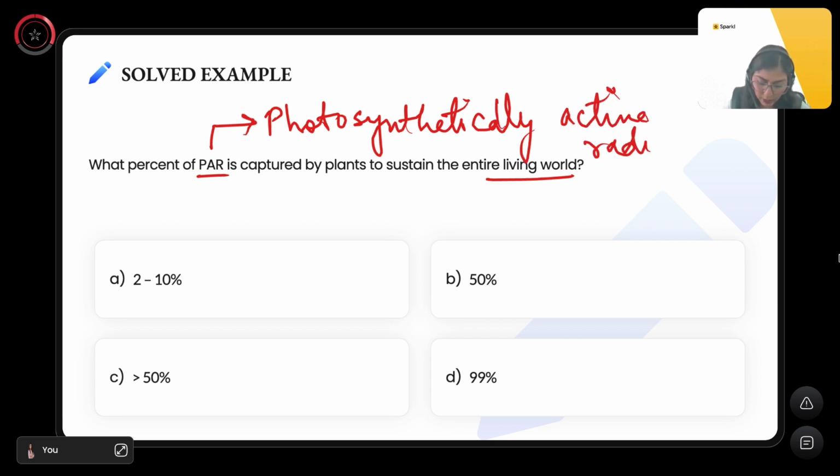Now, यहाँ पे बेटा total percentage of PAR जो plant capture करते हैं that is 2 to 10%. Total solar incident radiation में से PAR कितना होता है that is 50%. And उसपे जो plant capture करते हैं that is 2 to 10%. So you have to memorize this number over here for this particular question. Clear? Let us move on to the next question.